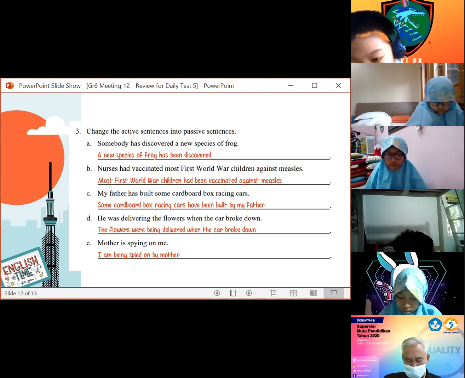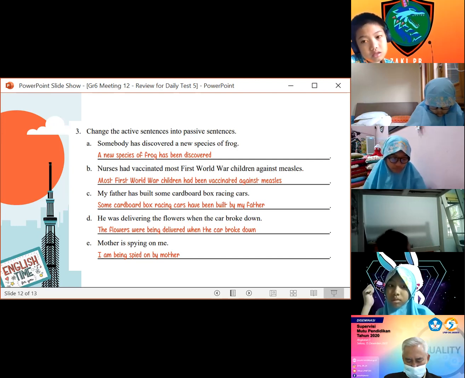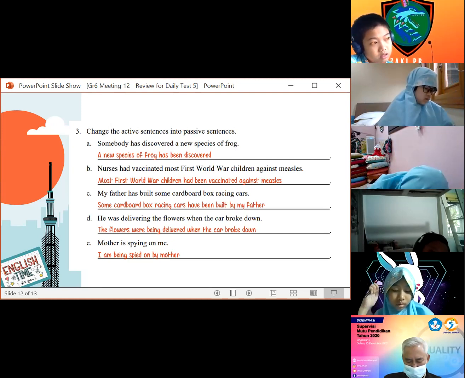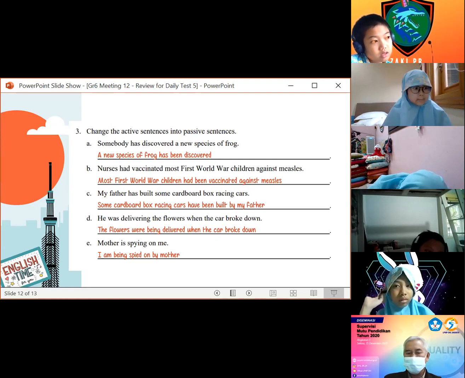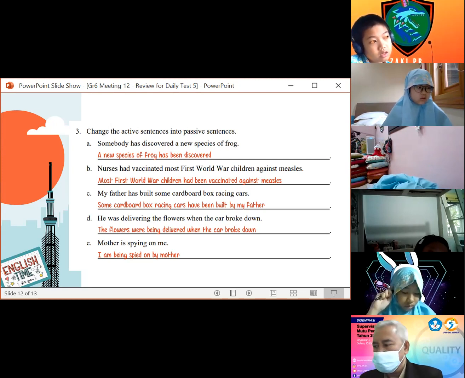Look at the object: is it singular, plural, or uncountable? After that, look at the to be or the has or have or had, and you can decide what to use in the passive sentence. And you always use verb 3. And what about the doer? The doer is only mentioned when it is specific.